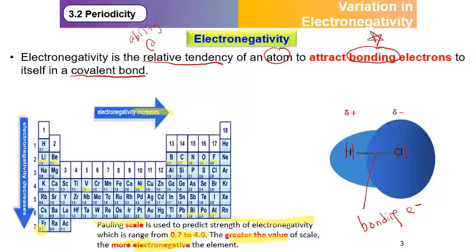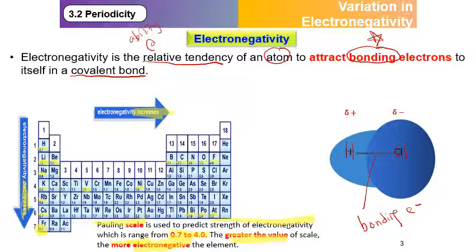Now let's look at going down the group, taking group 1 as the example, from hydrogen 2.1, 1.0, 0.9, 0.8, 0.8, 0.7, 0.7. When going down the group, the electronegativity is decreasing.